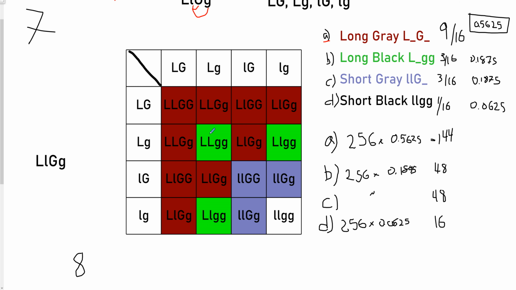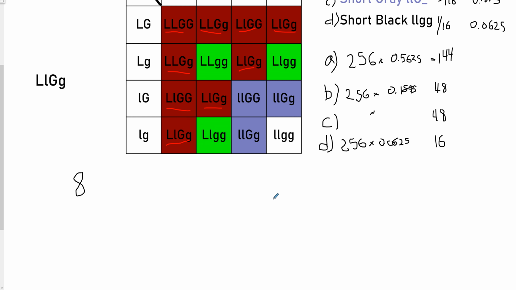So first of all, we have to look at all of our long-winged, gray-bodied fruit flies. We've got 9 of them. Now, I'll give you a little bit of a hint.